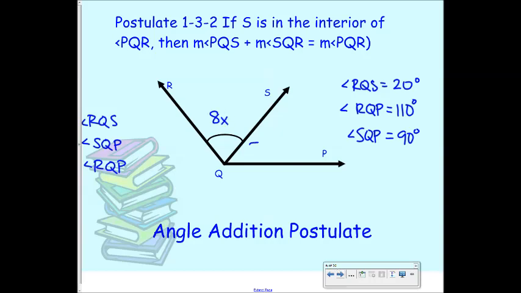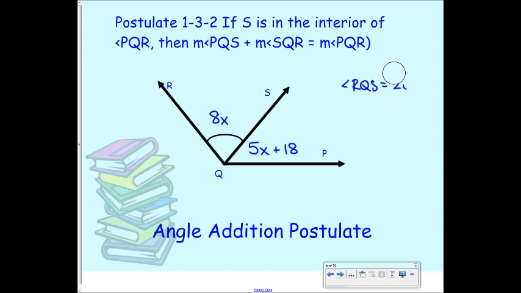What would you do here if I told you QS bisects? If I said QS bisects, how would you solve for x? Micah said 8x equals 5x plus 18.